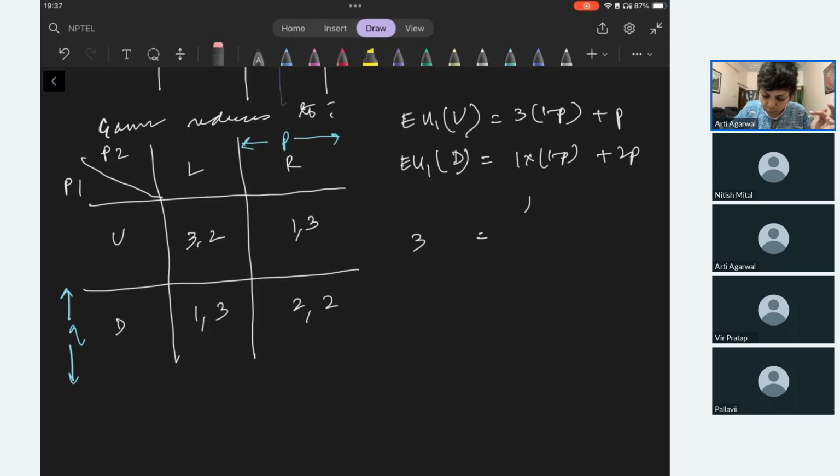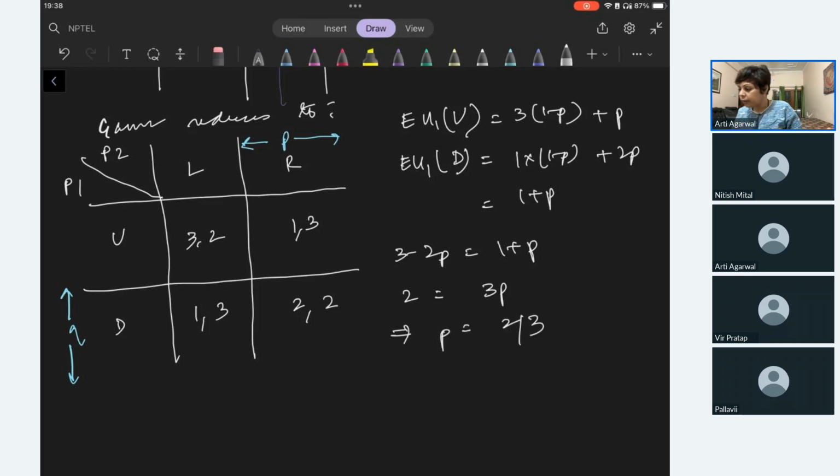Actually, this is wrong, sorry. This is equal to 1 plus P. So 3 minus 2P is equal to 1 plus P, now this is 2, this is 3P is equal to 3, right? Yeah, P is 2 by 3. Okay.